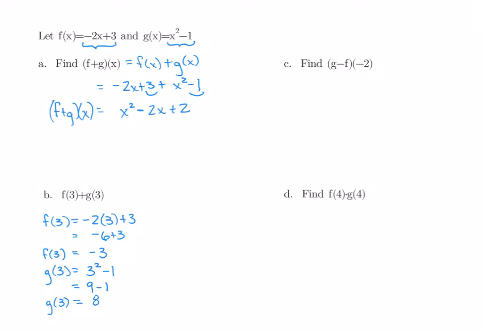I can finish this off now. Now that I know what f of 3 is and g of 3 is, we want to go ahead and add these two numbers together. So we get f of 3 plus g of 3 is equal to negative 3 plus 8, or 5.